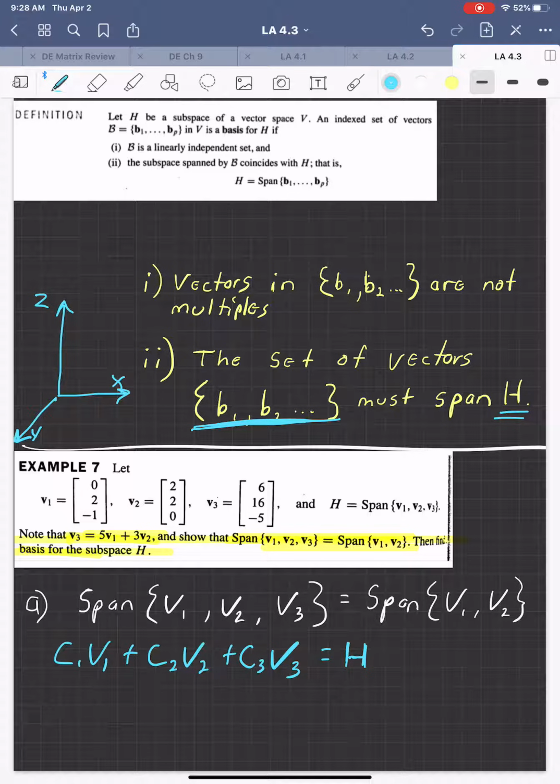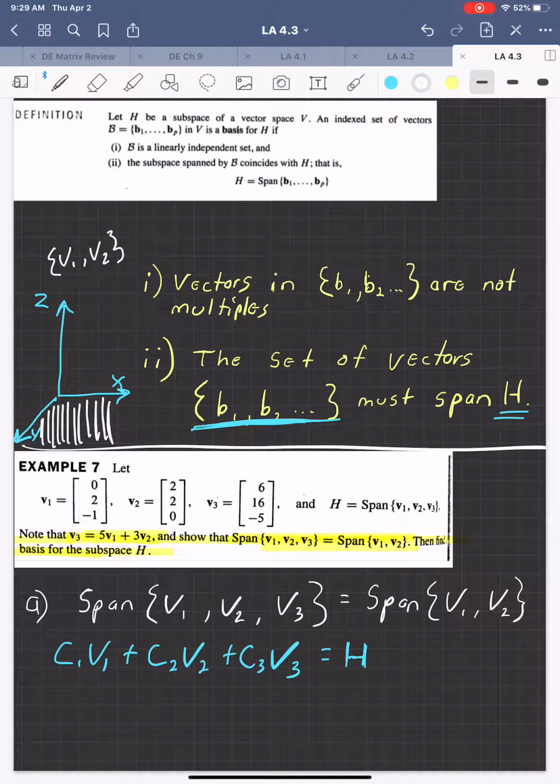Now, if I give you just two vectors in that space, let's assume that I only give you two vectors. Remember, you have to have three vectors to span all of three-dimensional space. If you only have two vectors, you can only span a plane.